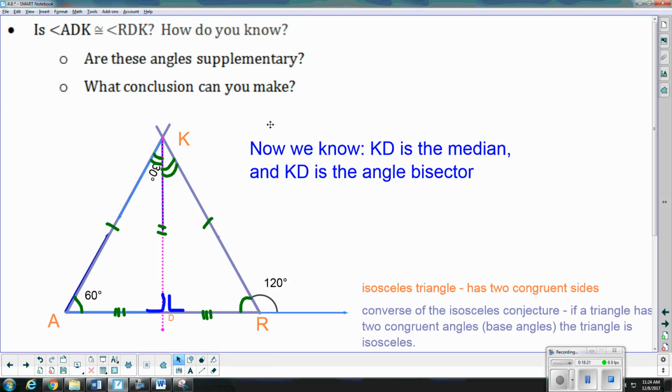Well, we know that the triangles are congruent. So if the triangles are congruent, then the corresponding angles have to be congruent. So if the triangles are congruent, then corresponding parts of those congruent triangles are also congruent. So that's how we know the angles are congruent.